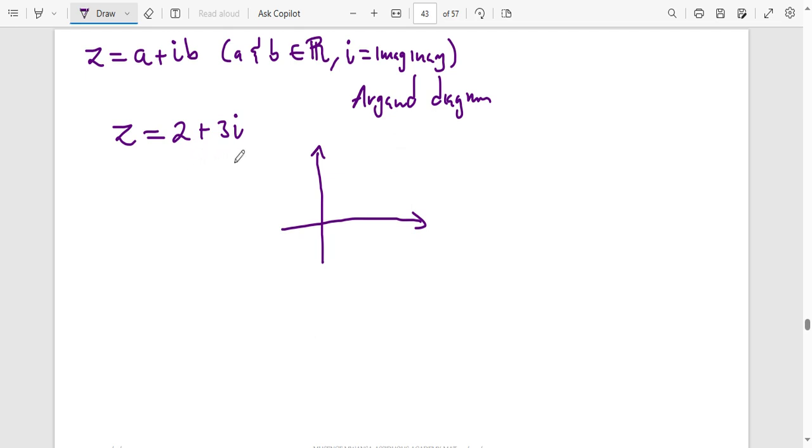The only difference is that this value of a is the x value, so that is 2. The number that has got i, this is known as the imaginary axis, and then this is the real axis. So the number that has got the i will be on the imaginary axis. You don't include the i. Just by a number being on that axis means that it has got the i.